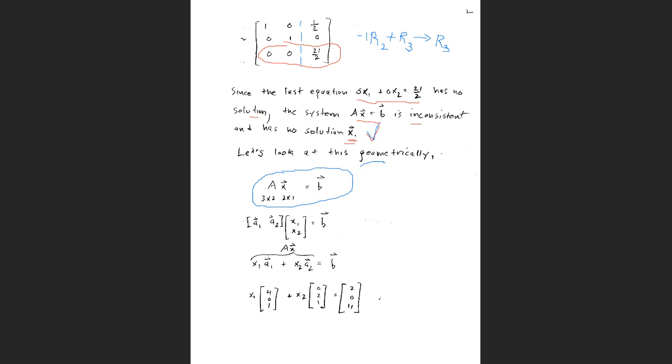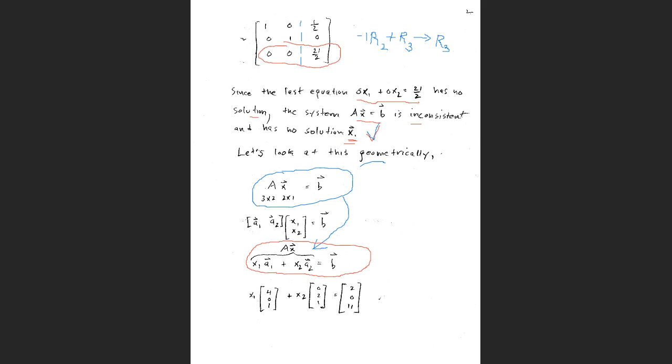But what does A times X equals B mean? Well, that matrix equation can be written as this vector equation: X1 times column vector A1 plus X2 times column vector A2 equals B.